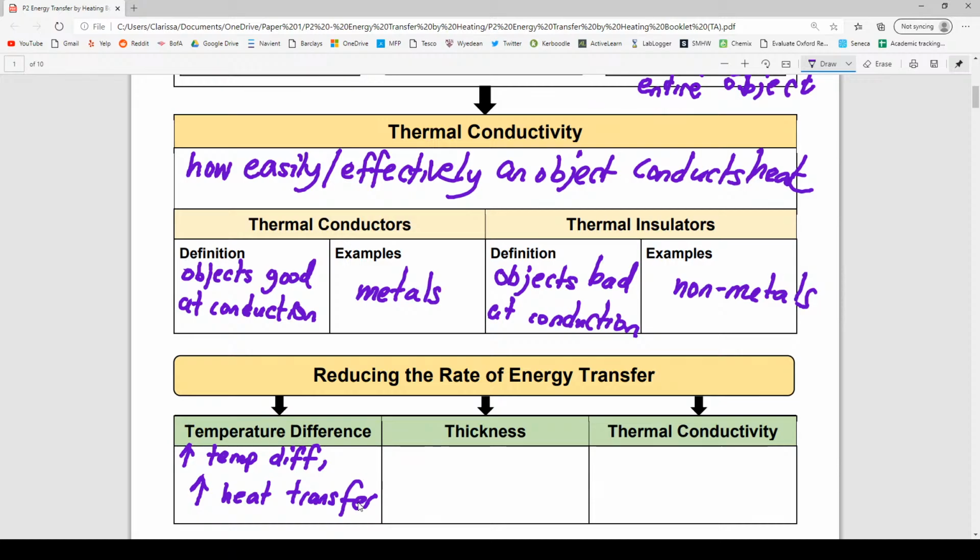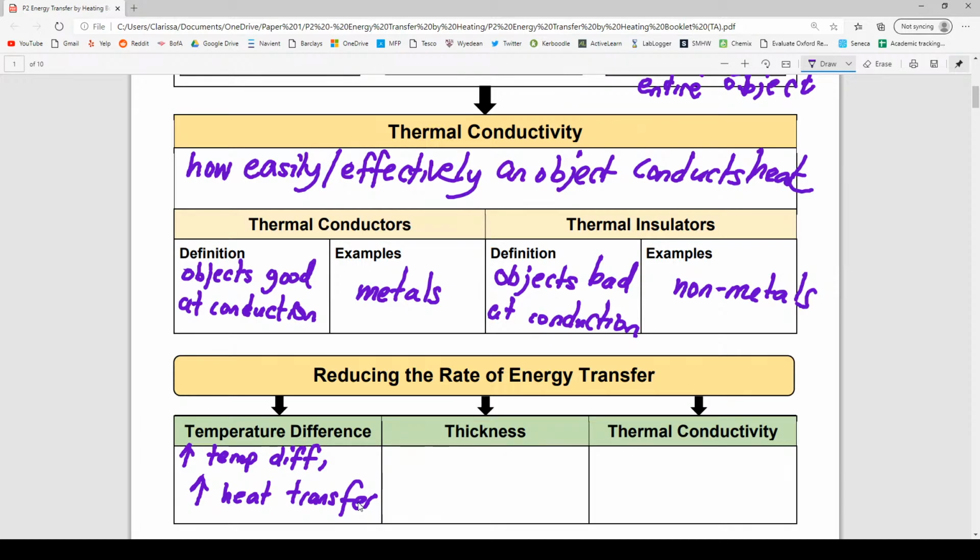Now, if you touched an ice cube, you would feel yourself losing heat a lot faster, even if your body temperature started off the same, because the temperature difference is higher between the table versus the ice cube, the faster the heat transfer is going to be. And the closer the temperatures are together, the slower the heat transfer is going to be.